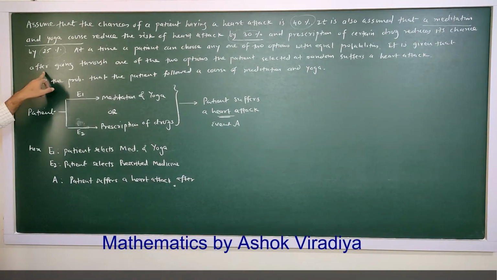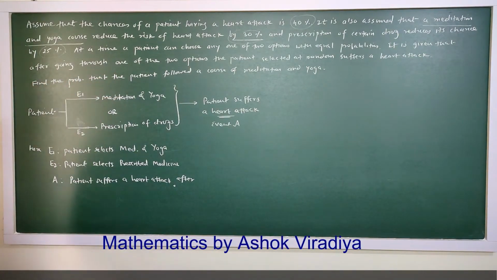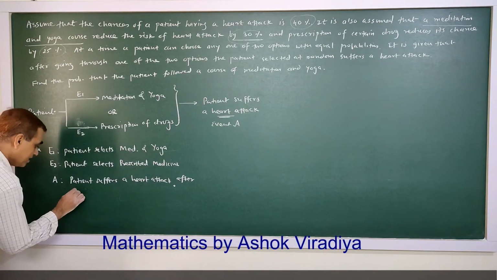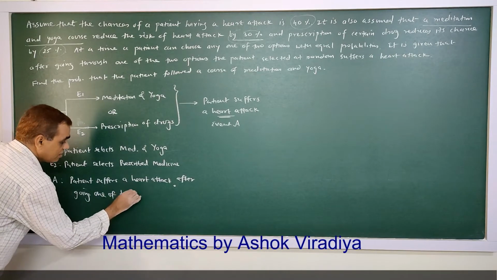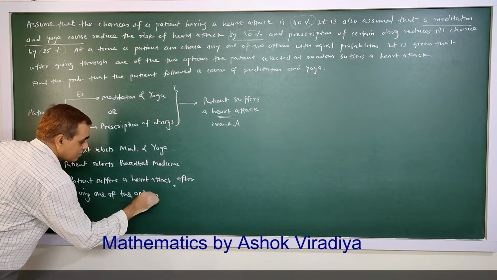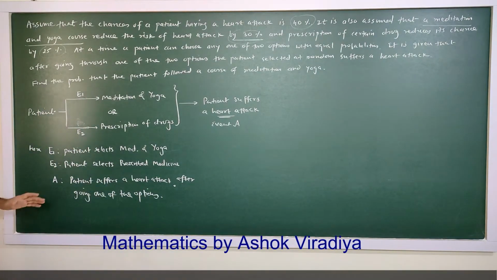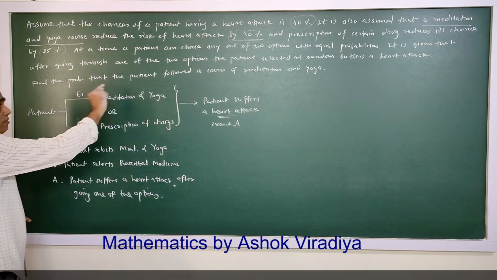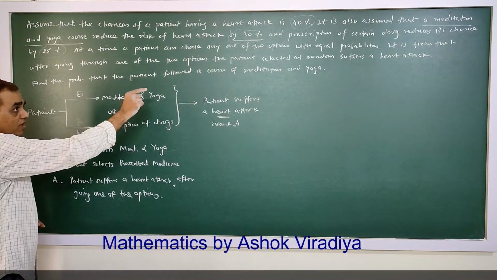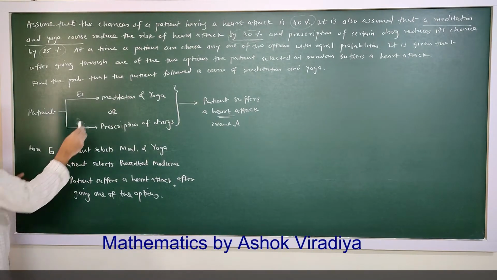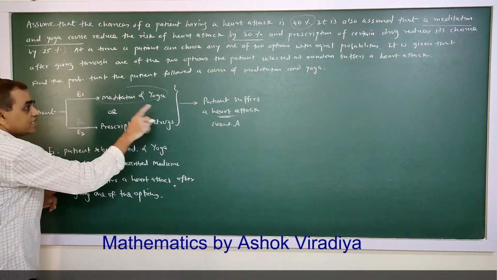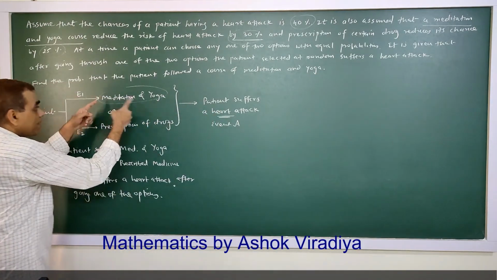So given after going through one of the options, that is event A. This is given. So if this is given, find the probability that patient followed a course of meditation and yoga. So we are asked probability of this event. This is given, then find probability of this event.